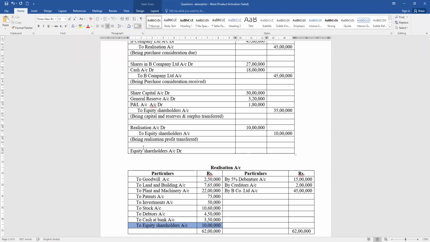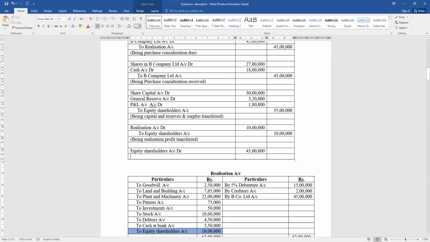How much are you going to give? 45 lakhs worth: cash and shares in B Company Limited. 18 lakhs worth of cash, and 27 lakhs worth of shares, whatever you have received, you're going to give.